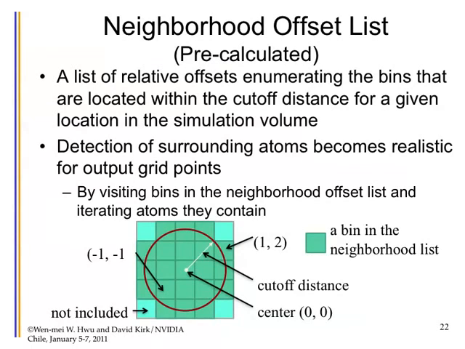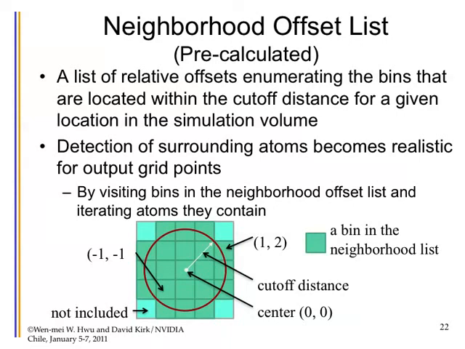So the most efficient way that we know is called the neighborhood offset list. Basically, once you launch something like a BMD simulation, you will know all the grid spacing, because the user will tell you all these things when they launch the ion placement function.